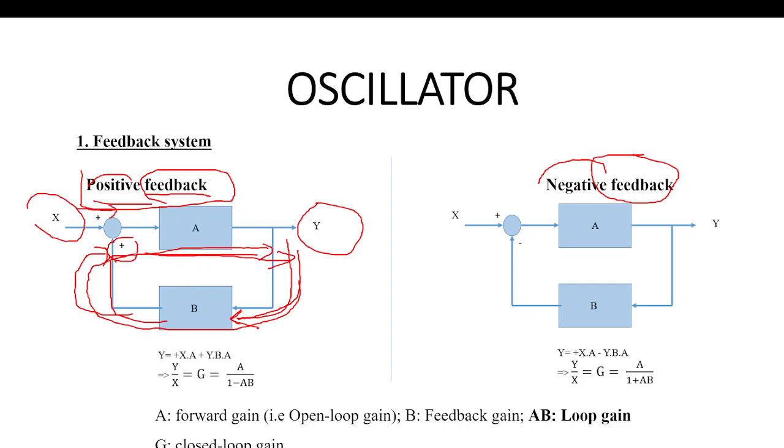Because of the addition, the feedback is called positive. For the negative, we take the output, go to a feedback system, and subtract that signal from our input signal. Because of the subtraction, we call the feedback negative.